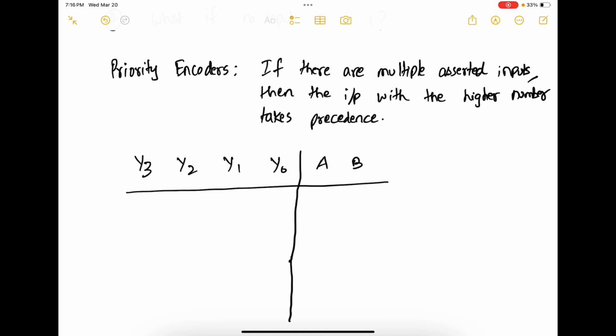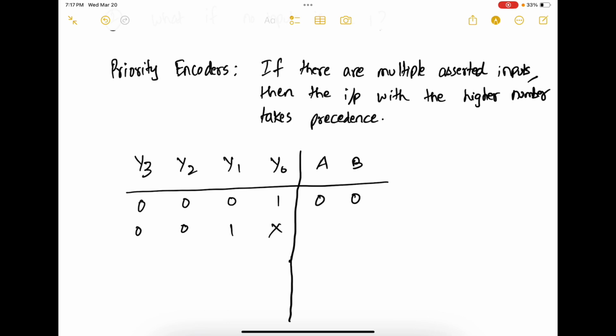Okay, now let's take y0 is a 1, y1 is a 0, y2 is a 0 and y3 is a 0. Again, there's not a problem here because in this case AB will be 0, 0. Now when y1 is a 1 and y2 is a 0 and y3 is a 0, y0 can potentially take the values 0 or 1, right?